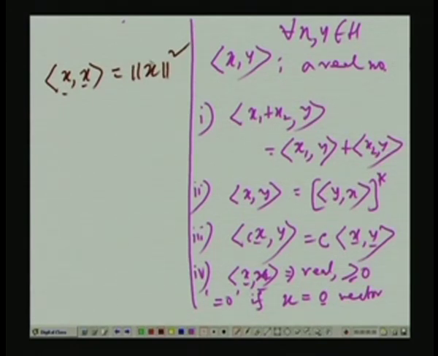This norm of x is equivalent to the length, though there is no apparent length here for a random variable, but it is something equivalent, and the square of that. This should be 0 only if x is a 0 vector belonging to H. Now, for H, this is a very general definition. These are the conditions that an inner product definition must satisfy.